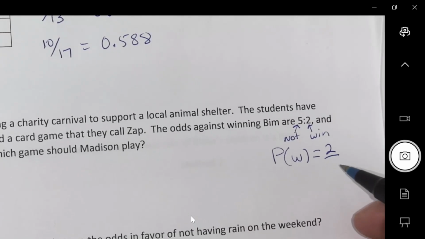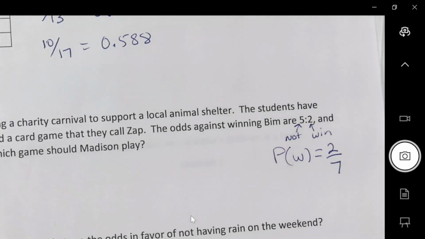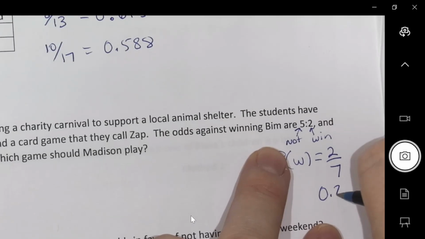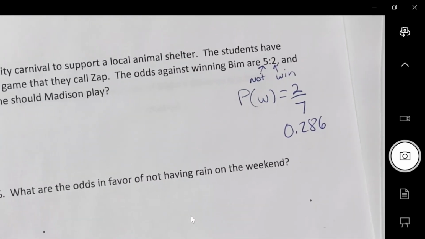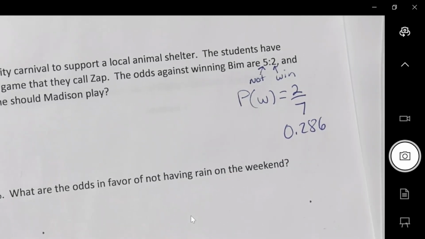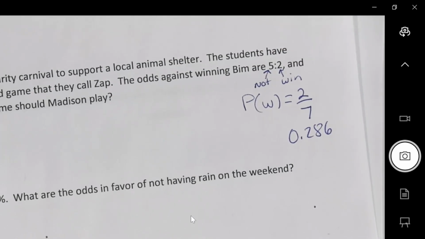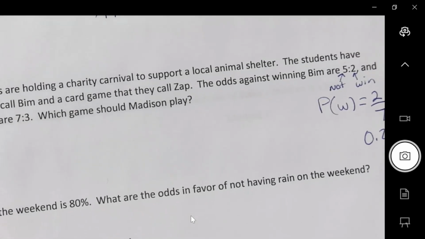2 out of 7. I'm just going to move that to a decimal, 0.286 when I divide it. Okay, now the other game is Zap.